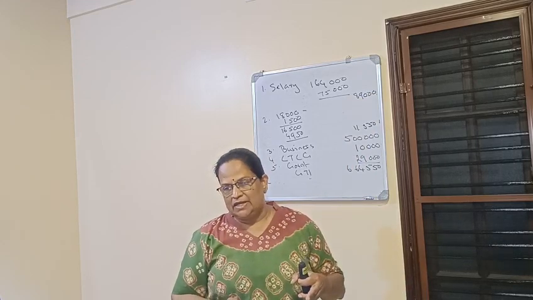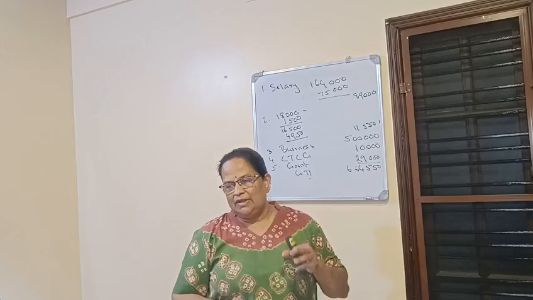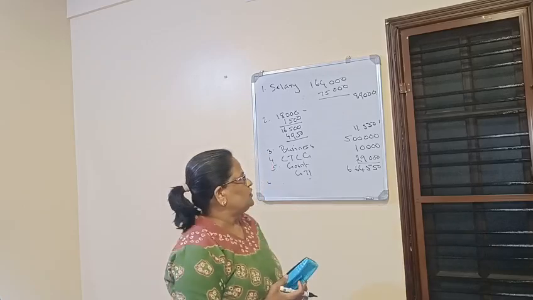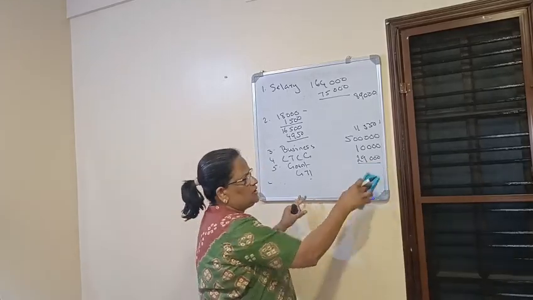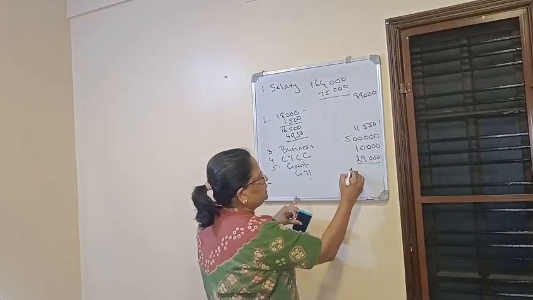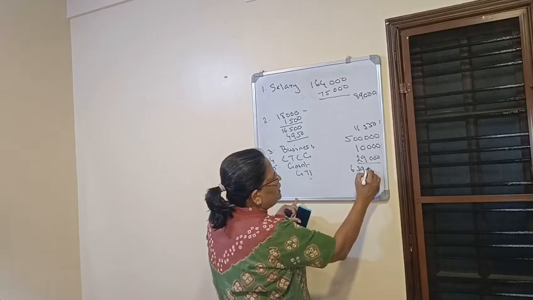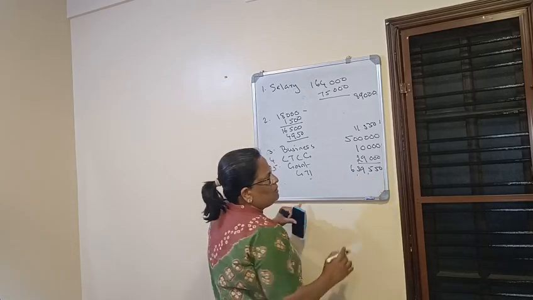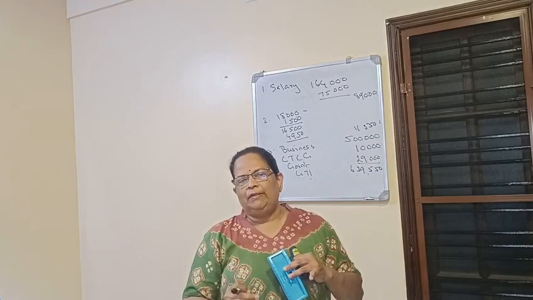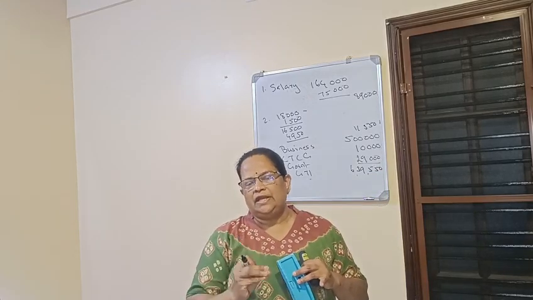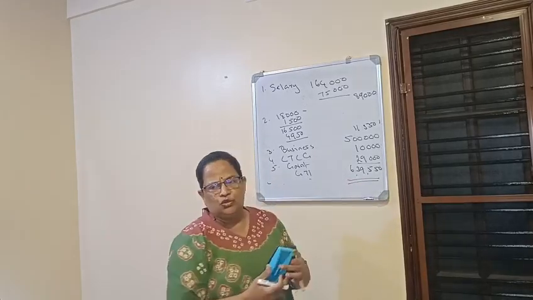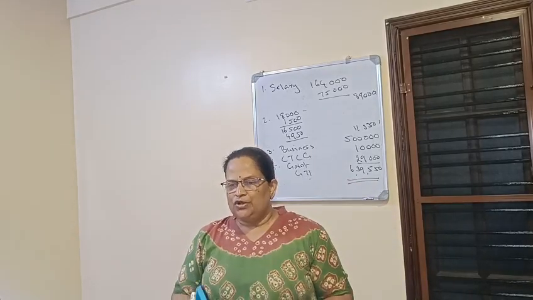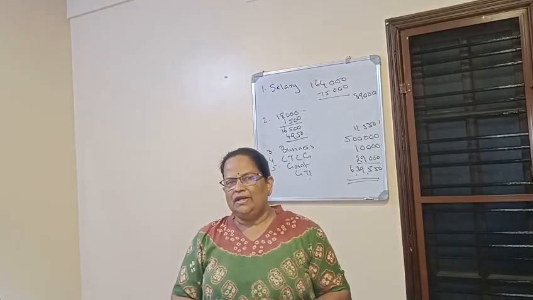Long-term capital gain 10,000. Income from other sources 29,000. So the total income is 6 lakhs 39,550. Now you have to remember, as per the new scheme, sections 80C and 80GG are not allowed. So this is the taxable income as per the new scheme. This is what I wanted to explain in this module. Happy learning. Thank you.